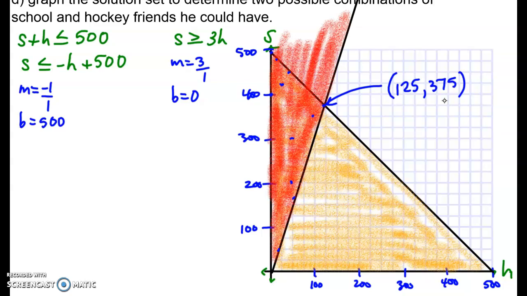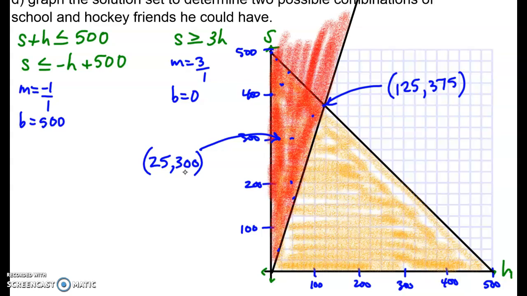Okay, so that's one option. You would write that out in a sentence. Matthew could have 125 hockey friends and 375 school friends. Or let's pick another option. How about this one here? That ordered pair would be 25, 300.